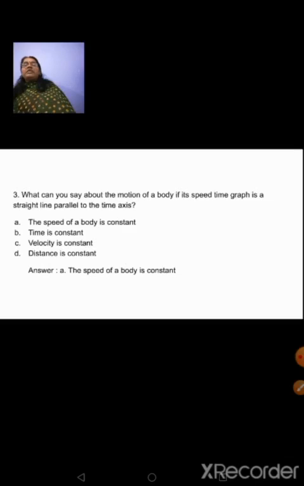Does it tell the speed of the body is constant, time is constant, velocity is constant, distance is constant? It's a speed time graph, no? So it will be telling that the speed of a body is constant. So the answer would be option A, the speed of a body is constant.